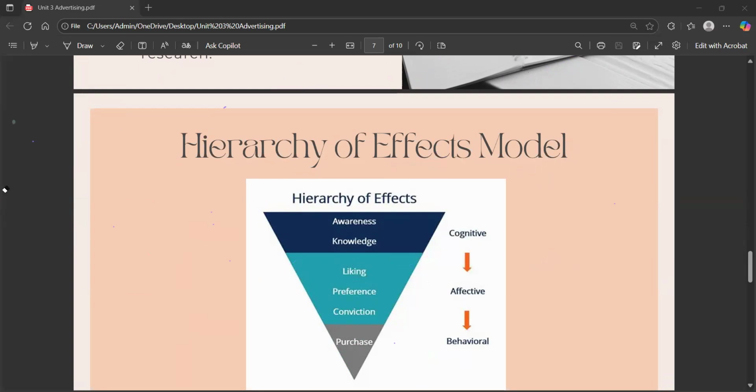In this model, there are three parts, which are cognitive, affective, and behavioral. In the cognitive part, there are two things, which are knowledge and awareness. In the affective part, there are three things, which are liking, preference, and conviction. And the behavioral part is the purchase of a product.